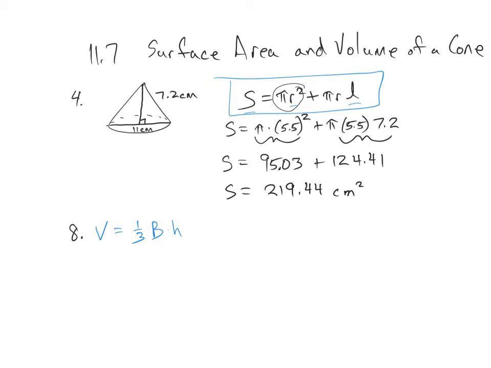So on number 8 here, it has a weird looking cone. So it has a right angle right here. And let's see here. The radius is 1 meter, and the height is 2 meters. And this is called a right cone, but it doesn't really matter. So it does give you the height there. Remember, this is your height and not your slant. But in this case, the height and the slant happen to be the same thing.